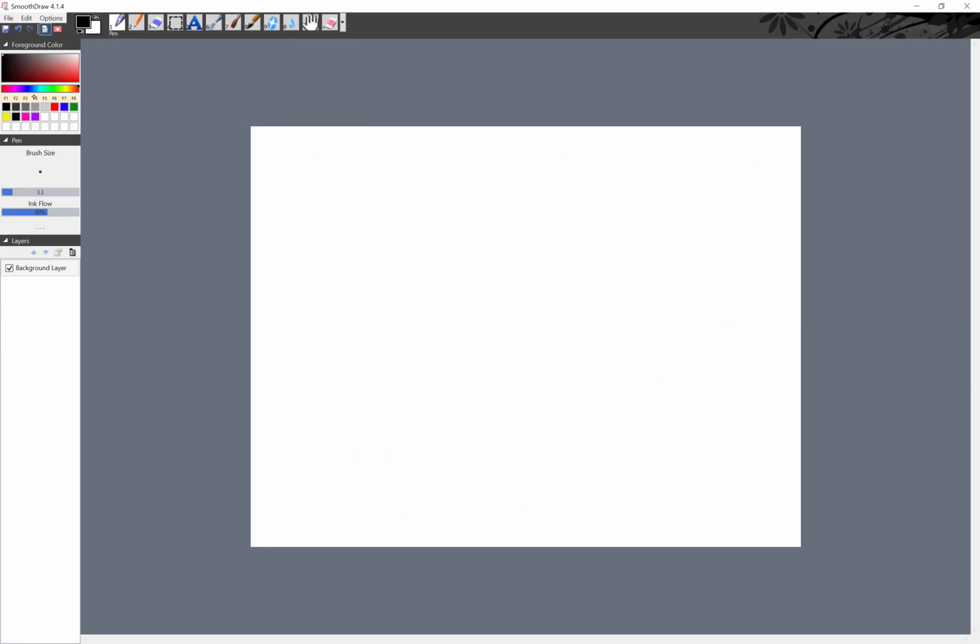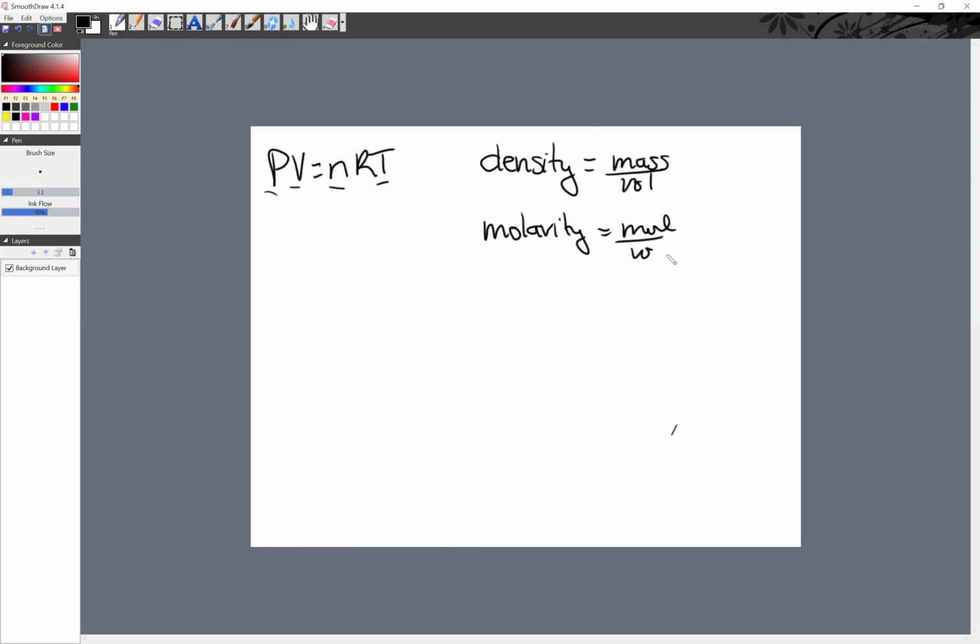All right, we are going to use our new tool. Okay, so PV = nRT, the ideal gas equation, is our new tool. It is going to relate pressure, volume, moles, and temperature. And I can play with any of those. I can also play with variations on a thing. So remember, density is mass per volume. Molarity is moles per volume.